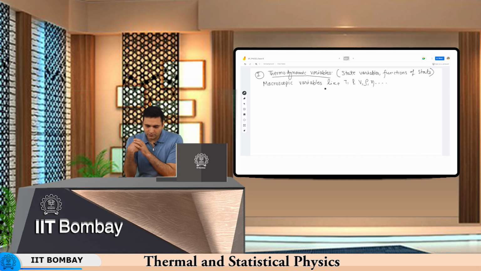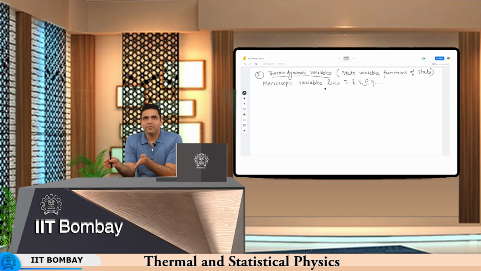And like I said, this is the underlying concept of thermodynamics, that we are not interested in microscopic details, but this is the starting point. If you give me a system which is at a particular temperature or pressure, that is my starting point.